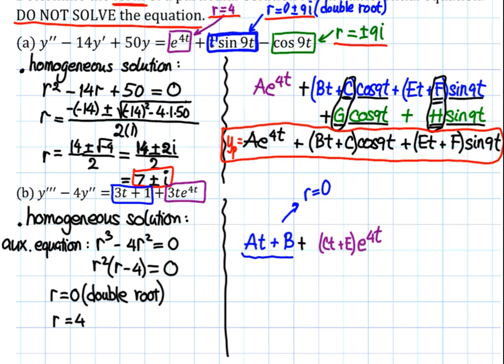So instead of writing at plus b, we can also write at plus b times e to the 0t. E to the 0t is just 1. Right, but we don't write e to the 0t. So we just have at plus b then. All right.